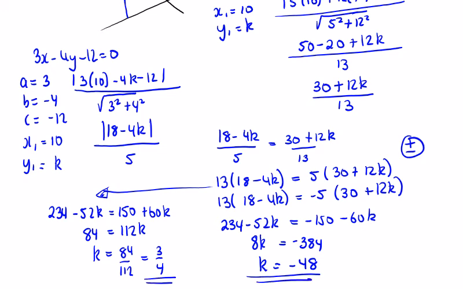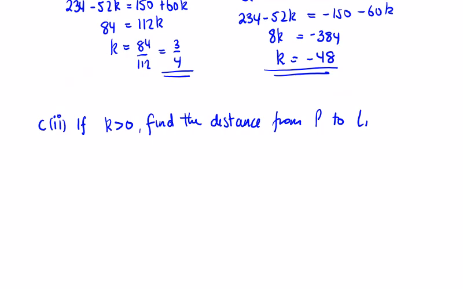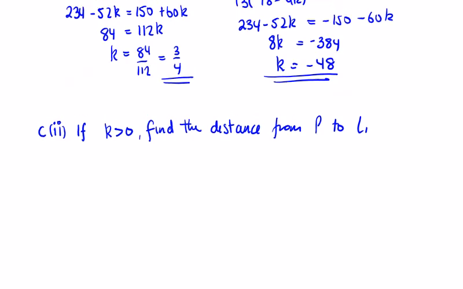So I have my two values for k. And I actually skipped a part here. This was part B on its own. This one here where we got, in terms of k, the distance between the point (10, k) and L1. I just jumped straight to part C, part 1. C part 2, if you got the rest correct, was easy.